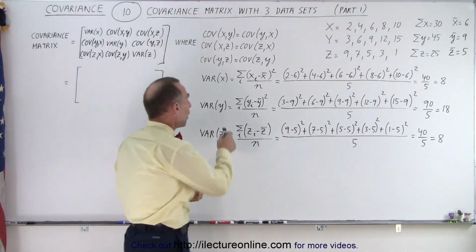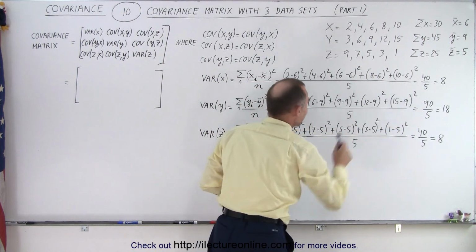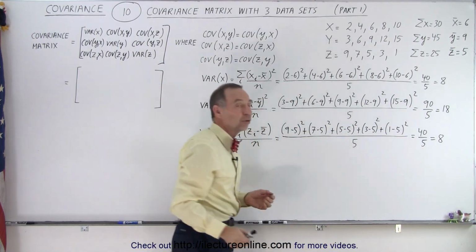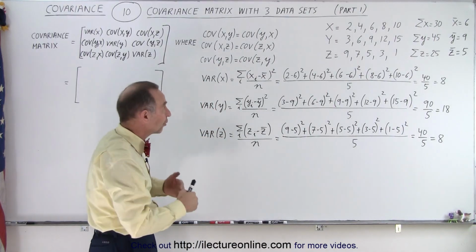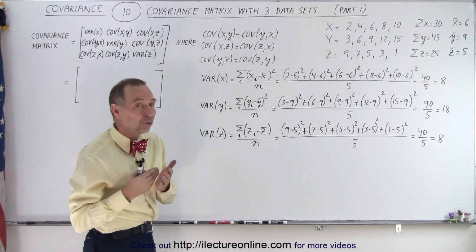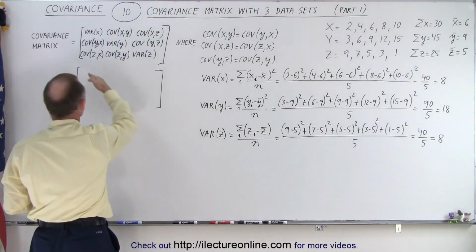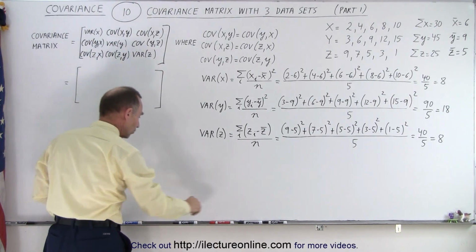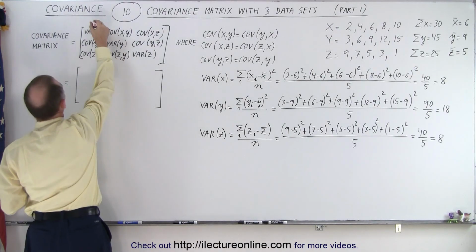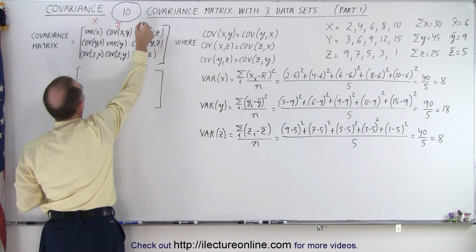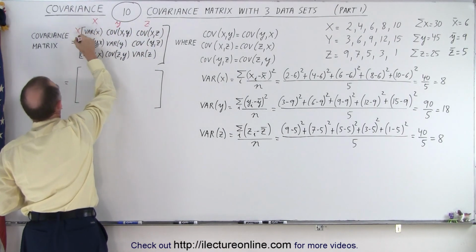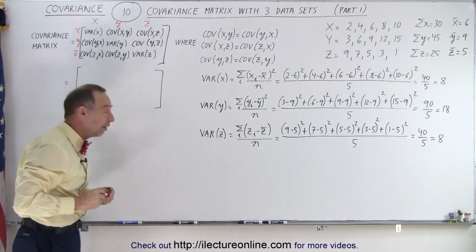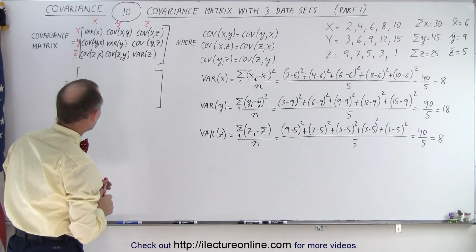We do the same for the Y data set, and we get 18, and we do the same for the Z data set, and we get 8. So those are the 3 variances for the 3 data sets, and those then go in the diagonal of the matrix. Notice we now have a 3 by 3 matrix, and also we can write this as X, Y, and Z, X, Y, and Z. If we do that, we can see why we get the subscripts there of the variances and the covariances.